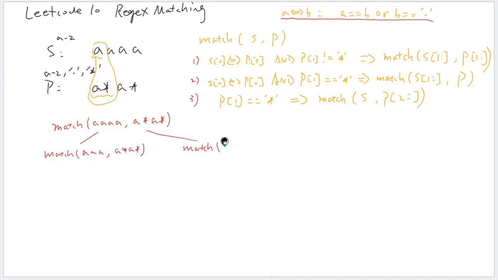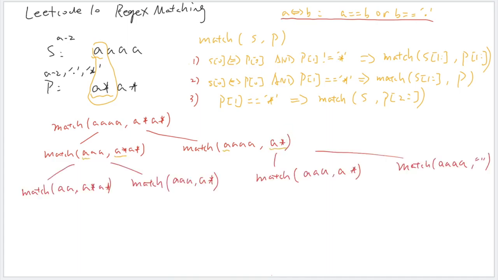We also pass the same S string and skip the first two characters in string P. Eventually, at this third level, we find out that we are calling the match function twice with the same input, which means we are wasting our resources by calling the match function with the same inputs.